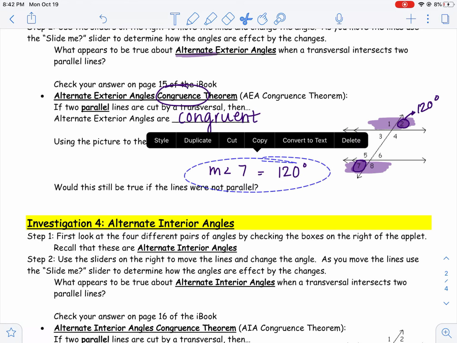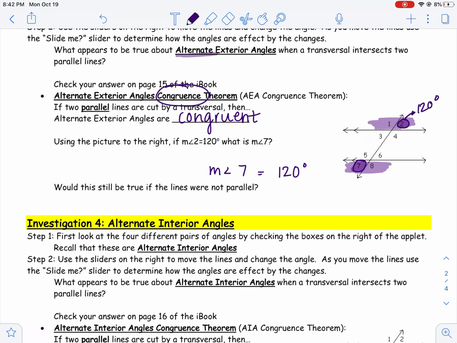If I really broke this down, maybe say it was a proof or something, hint, hint, I would state that the measure of angle 2 is equal to the measure of angle 7, because I know that angle 2 is congruent to angle 7.